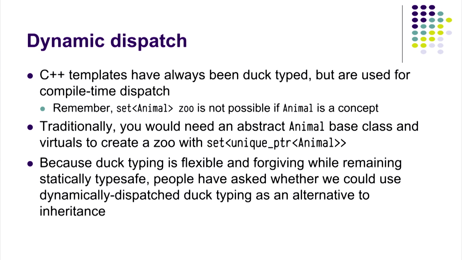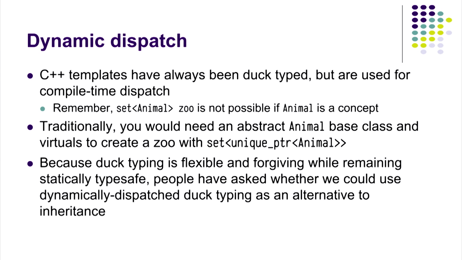And these are two things that you don't really want to stick together, right? Nominally typed versus structurally typed, and compile time versus runtime. So remember, we might have liked having that animal concept, but now we don't like that we can't create a sad animal to make a zoo, because we would need a common base class to give a consistent type to the set.